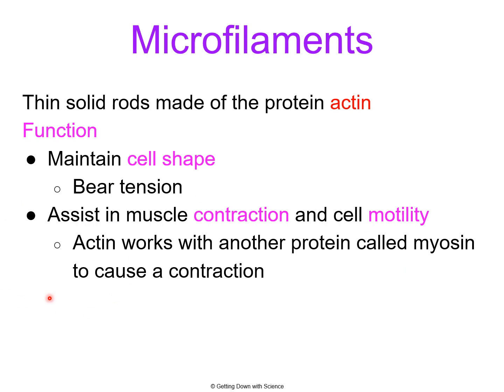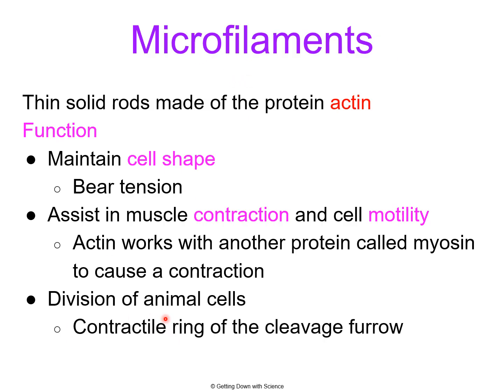They help the muscles to contract and relax in order to move those muscle cells. Microfilaments can also play a role in the division of animal cells. During mitosis and meiosis, they are responsible for forming the cleavage furrow, specifically during telophase, when the cell starts to separate.